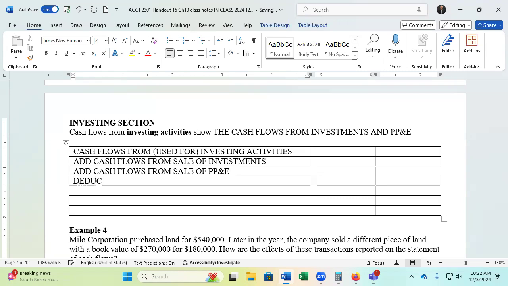We would deduct cash flows from purchase of investments. And we would deduct cash outflows for purchase of PP&E.